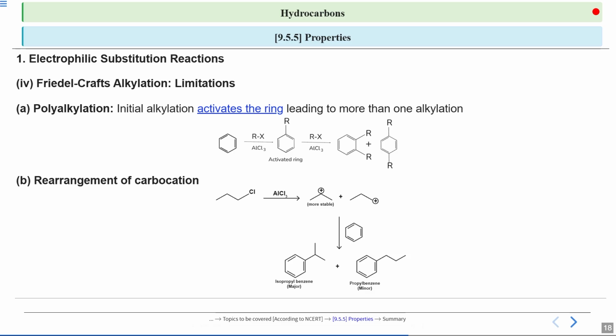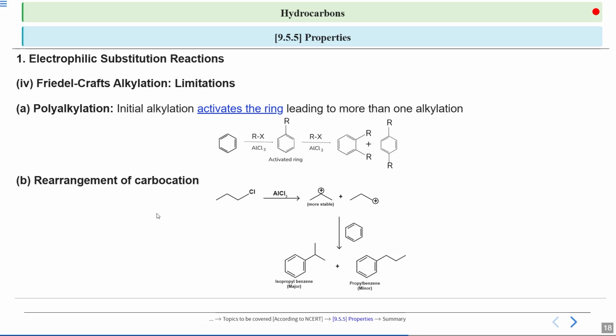Basically the hydrogen from the middle carbon can move on to the positively charged carbon, creating a secondary carbocation. You can see in the image that it is forming by rearrangement a secondary carbocation, which is more stable. As a result, this carbocation will react predominantly to produce isopropyl benzene. But the propyl benzene will also be produced, in a minor form.